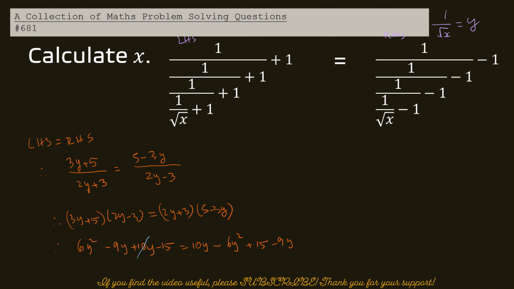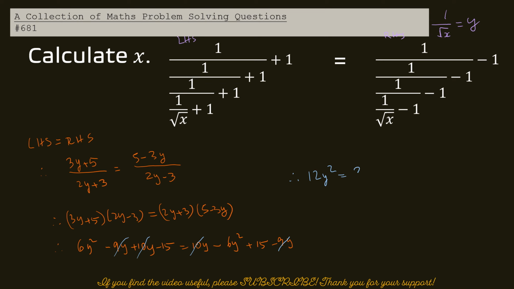That is 10y and 10y, minus 9y and minus 9y go away. I'm left with 6y square, and if I bring it to the left hand side, it's 12y square. So 12y square equals 15 plus 15, and that is 30.